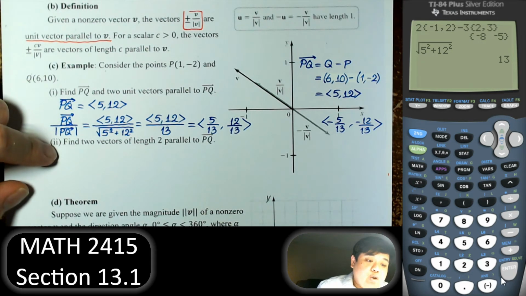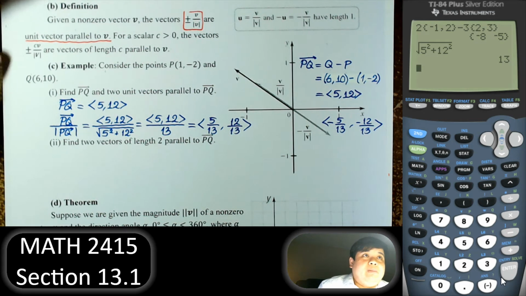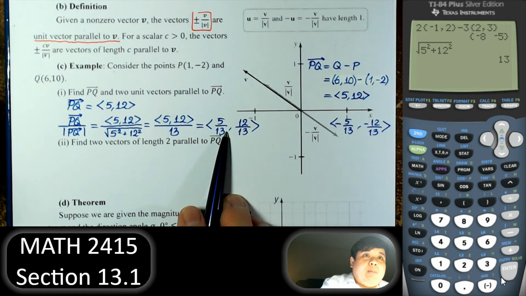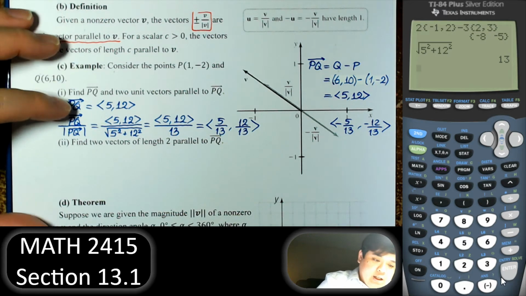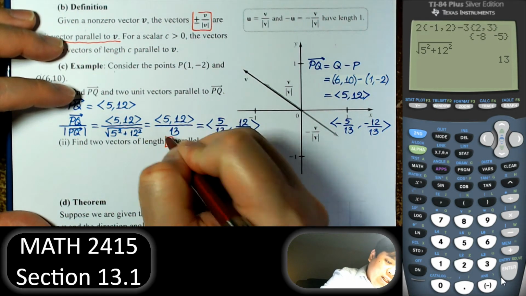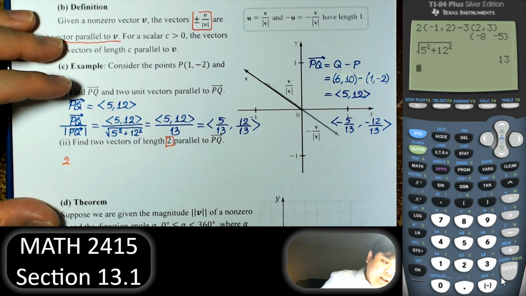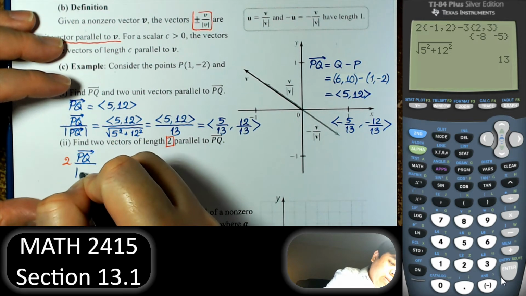Next, find two vectors of length 2 and parallel to PQ. Right, and that's easy. Now that we have the unit vector, multiplied by 2, a unit vector has length 1, multiplied by 2, that vector will have length 2. So if we want 2 times that, and parallel to PQ, we just say 2 times PQ over the magnitude of PQ.